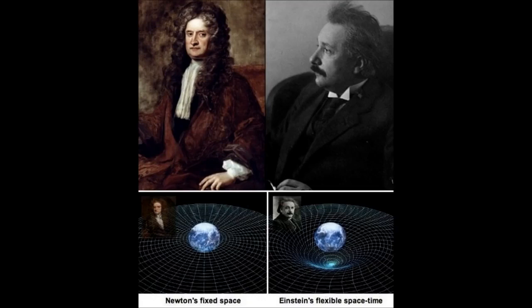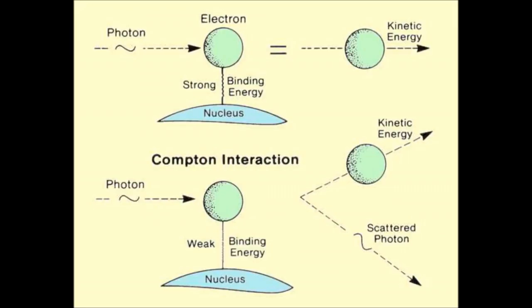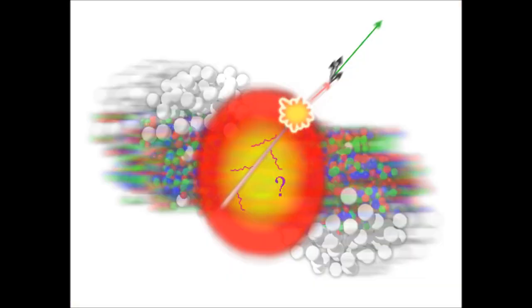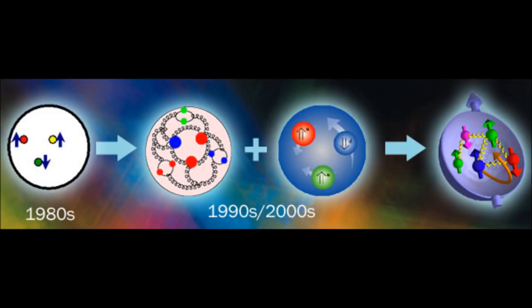The force of gravitation is one. Then, what holds the electrons to the nuclei in an atom? That's the electrical force. I mentioned that before when I talked about light. Then, what holds the protons and neutrons together inside a nucleus? That is a mystery that we started out to try to solve.